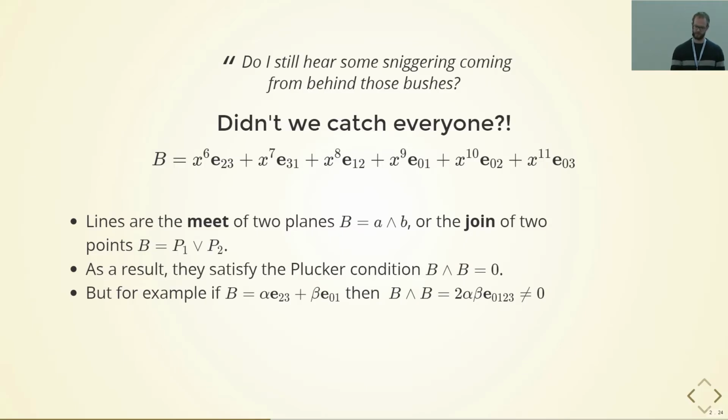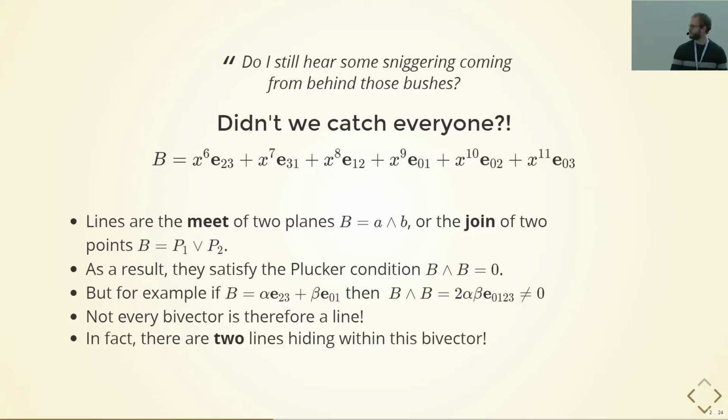The simple example is if I take alpha E23 plus beta E01, then if you compute B wedge B, it is not 0. So if I give you a general bivector, that won't be a line. So it's not an element of geometry. And in fact, it turns out that there are 2 lines hiding within this bivector.